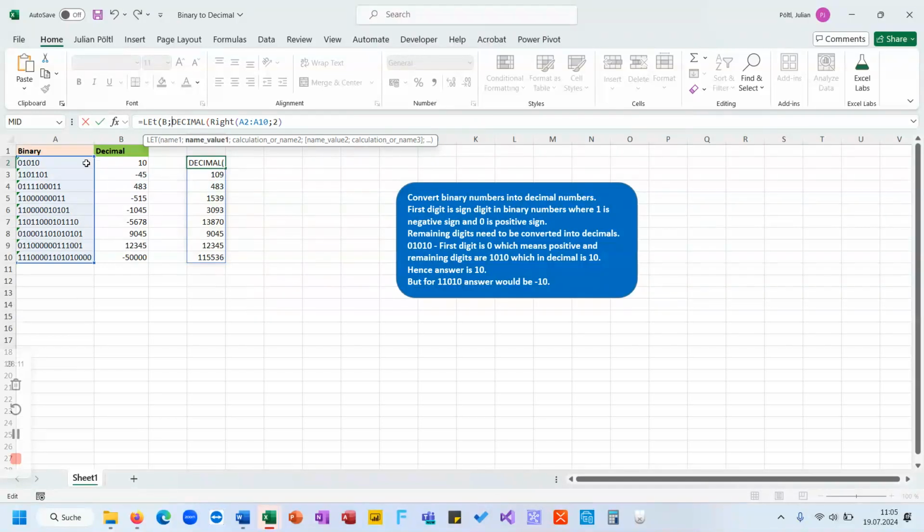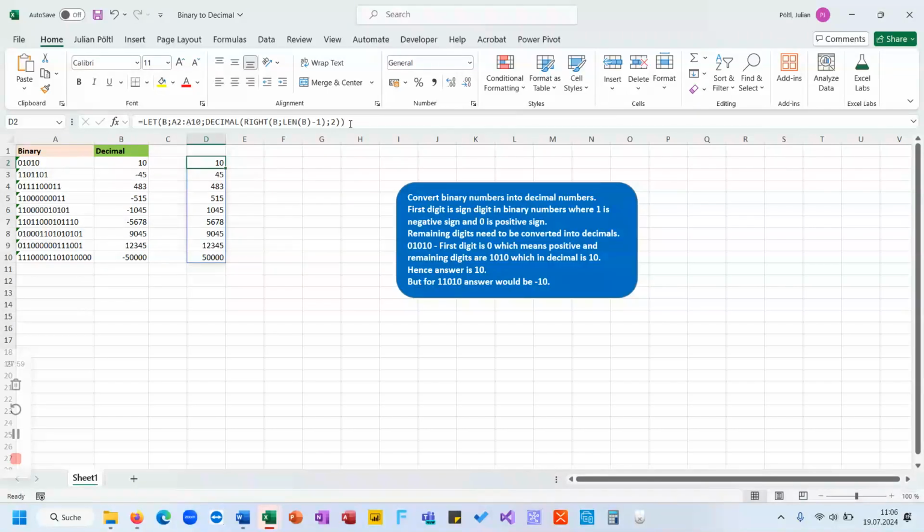B for binary. You can use it for the whole thing. RIGHT from B, LEN from B minus 1. So we only take the characters from the second character on.